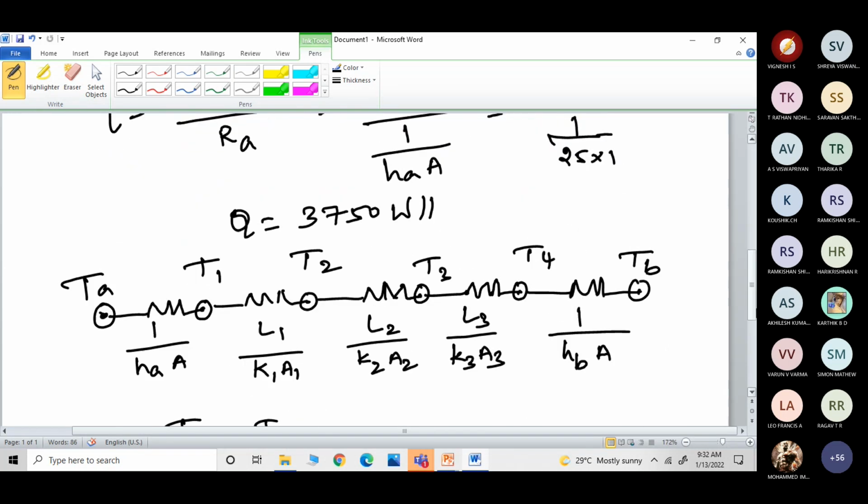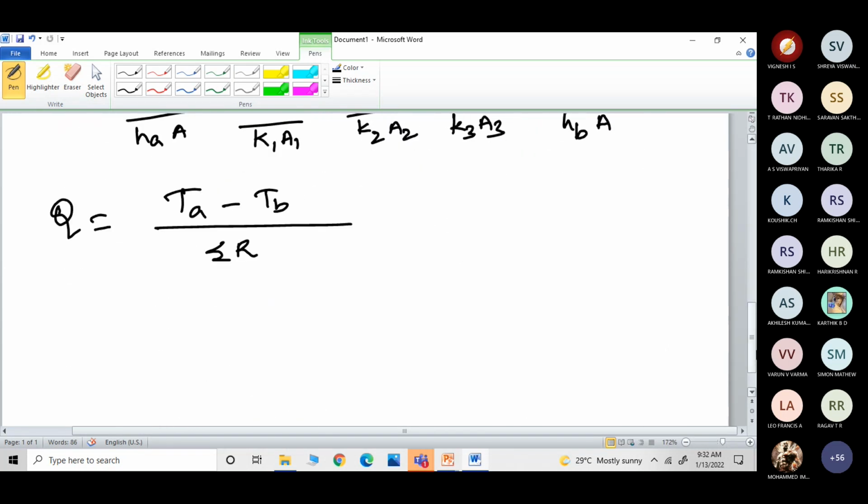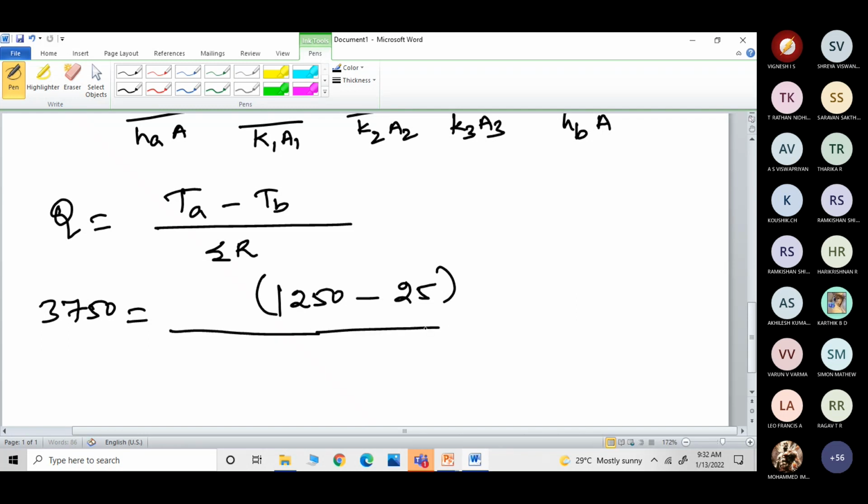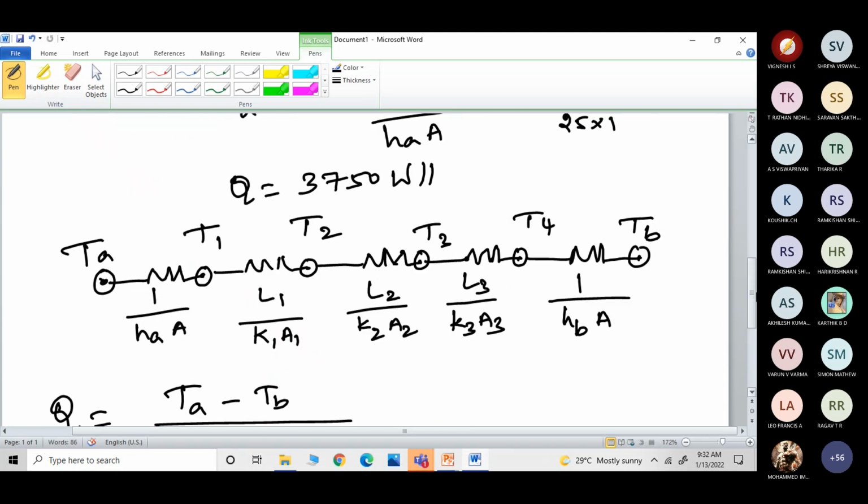So 3750 is equal to 1250 minus 25, divided by the sum. Am I correct? So 3.061. Okay, I don't want the answer here, I'm just writing the steps.